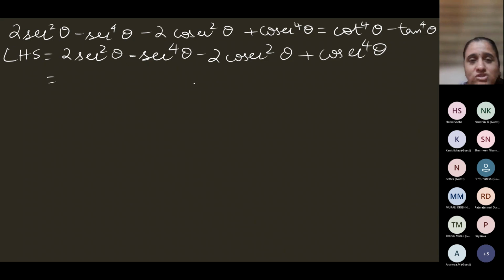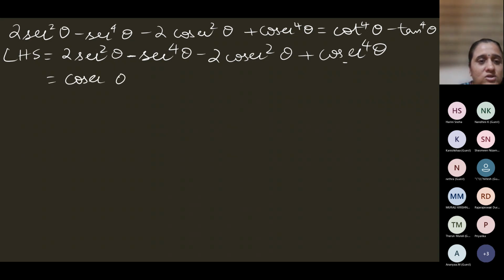When you're working with an equation, then you can change the signs in the LHS and the RHS. In an expression, you cannot. So we'll rearrange. Since this is minus secant theta to the power 4, let's write this one first.